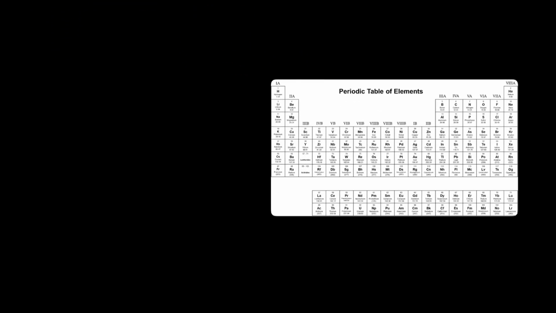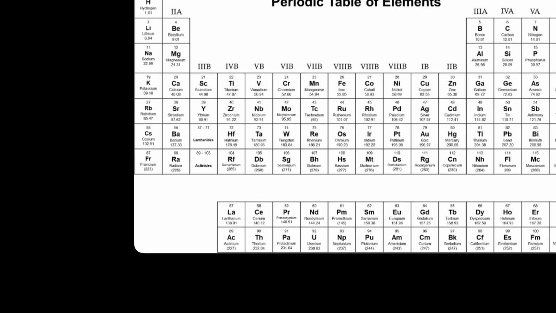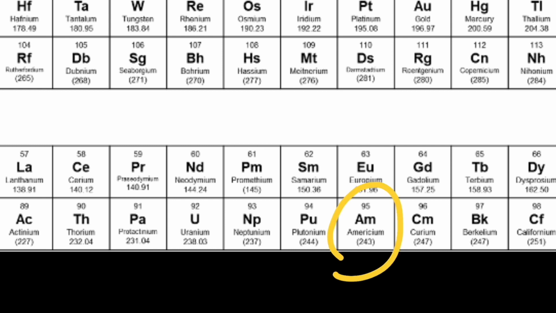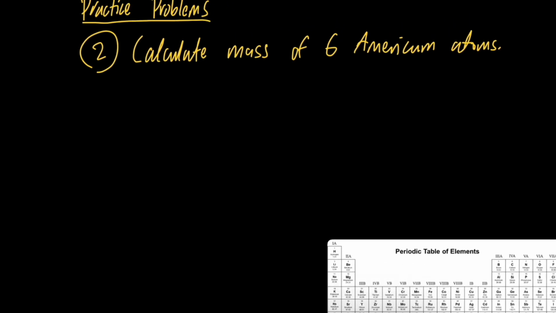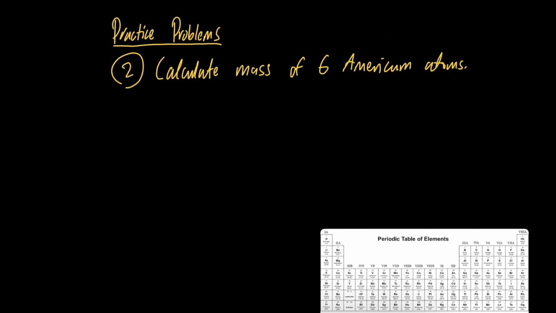So if we go down to our periodic table, we can see that 1 mole of americium atoms contains 243 grams. So we can write that down. 1 mole of americium atoms contains 243 grams.